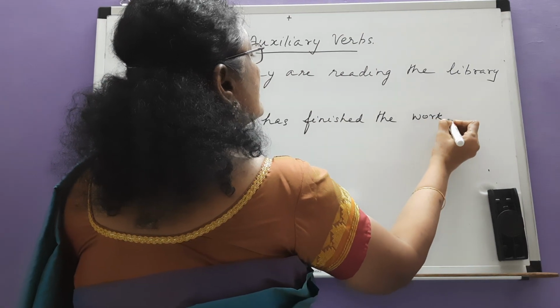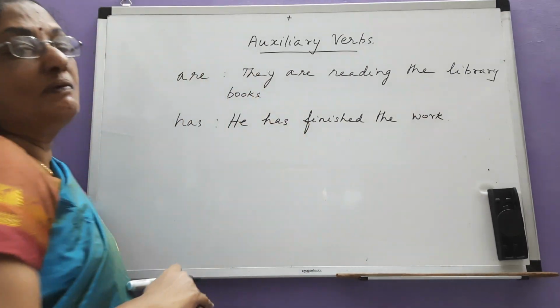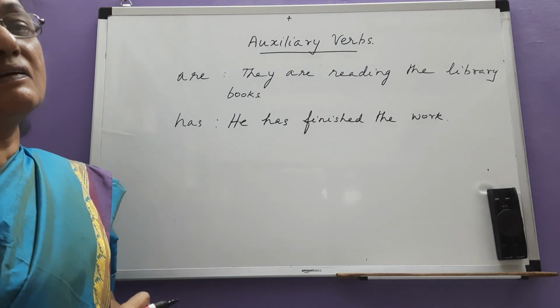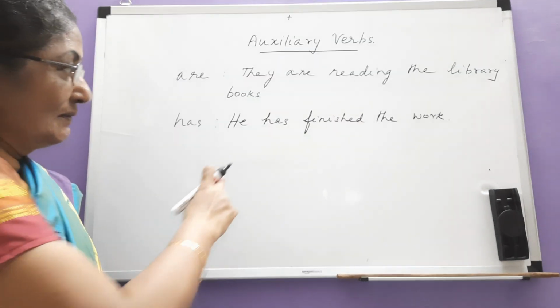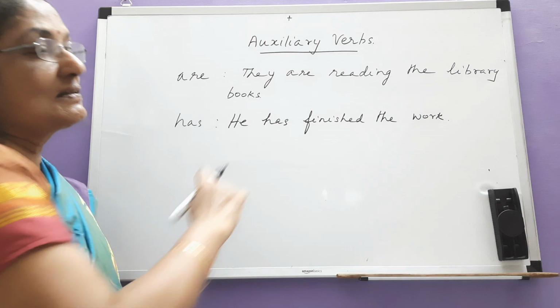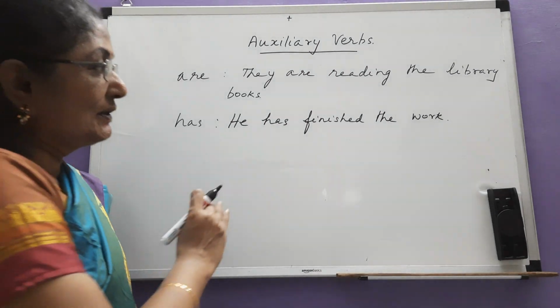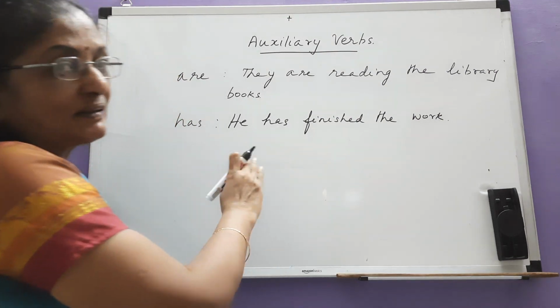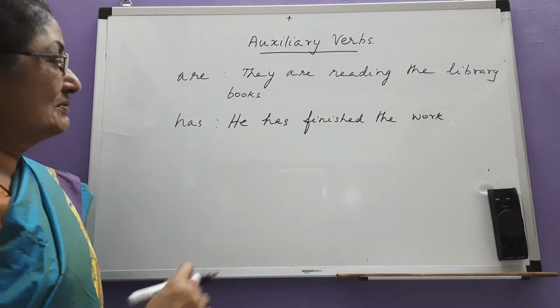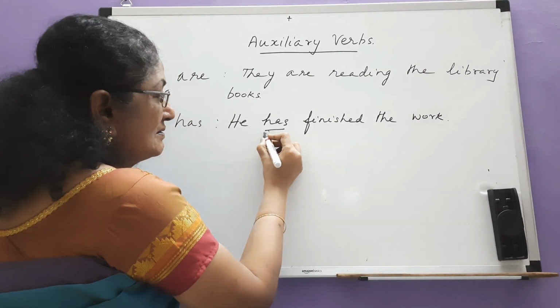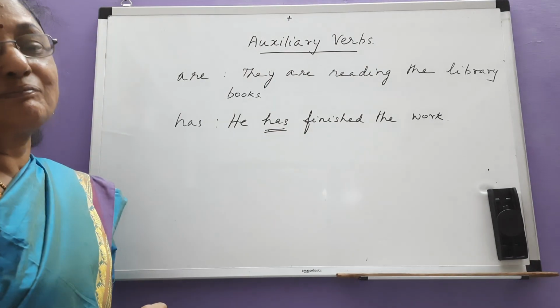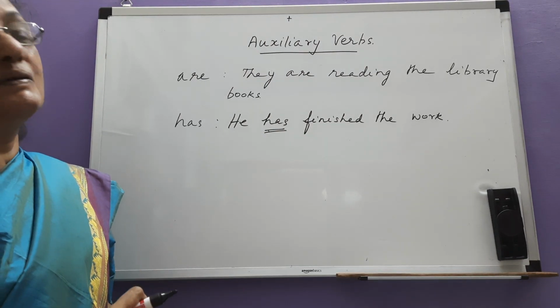Of course, if you want to tell in simple past, you can say he finished his work. But we want to tell that he has finished the work very recently. We want to use perfect tense in this sentence. In that case, this has plays the role of auxiliary verb.